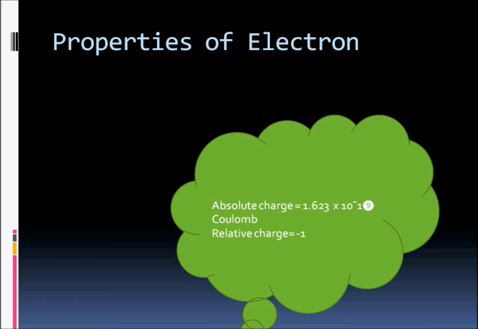As this charge has been found to be the smallest negative charge carried by an atomic particle, it is taken as a unit of negative charge. So an electron has 1 unit of negative charge. In other words, the relative charge of an electron is minus 1. I hope you have understood the properties now.